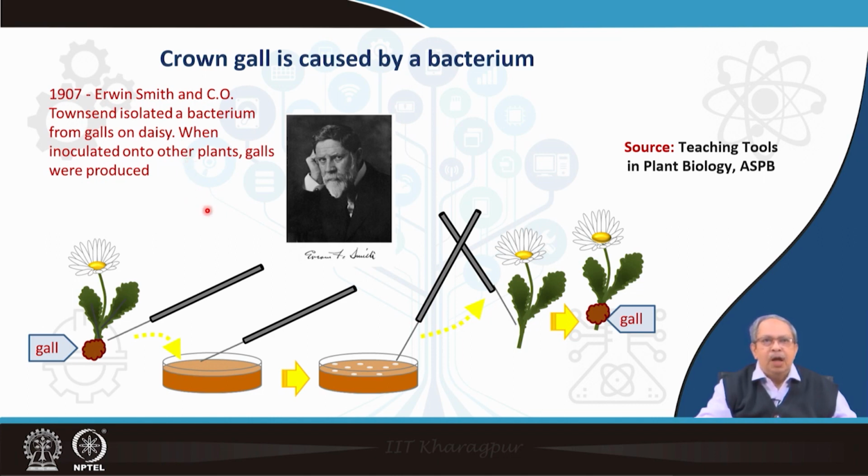They obtained a pure culture, and from this pure culture they inoculated the bacterium into a fresh plant, and the fresh plant started making this gall. That means the property of gall formation lies with the bacterium.